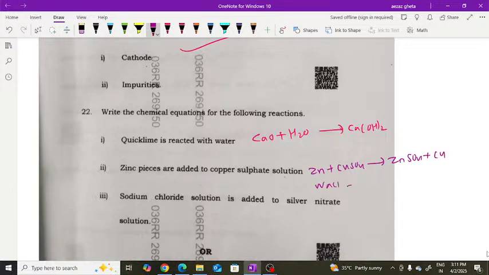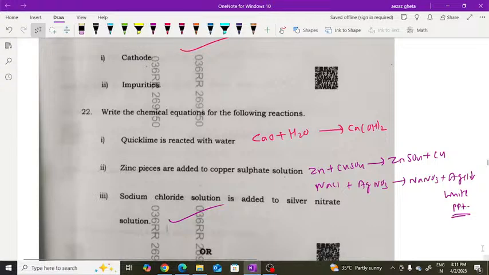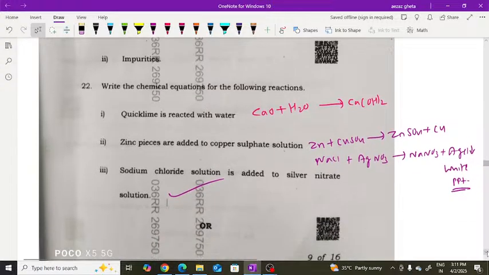Sodium chloride solution is added to silver nitrate AgNO3: we get sodium nitrate and AgCl, which is a white precipitate. Did you all get this, my dear students?